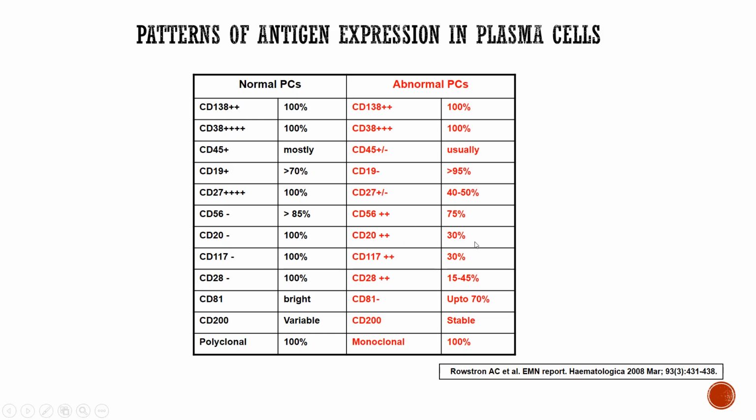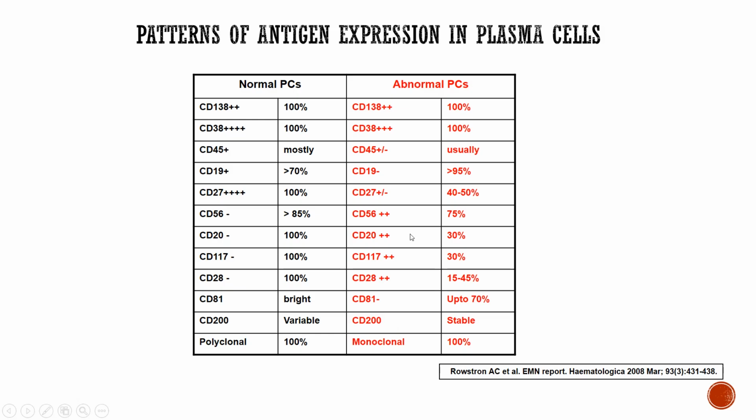CD20 is expressed, as per the literature, in 30% of myeloma, but in our personal experience, a very small number of myeloma shows CD20 positivity. CD117 is expressed in 30%, CD28 in 15 to 45%, and a loss of CD81 can be noted in up to 70% of cases. And bright homogeneous expression of CD200 can also be used as an abnormal marker.